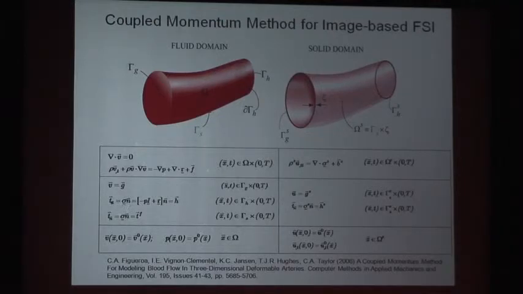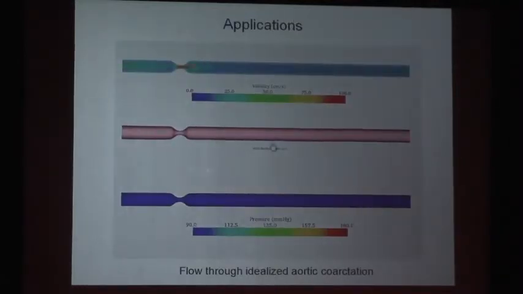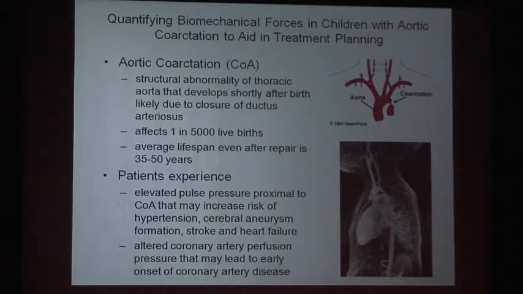And this has a huge advantage because we could solve very large-scale fluid structure problems, albeit subject to these limitations, where we can start to look at the interactions between complex flow, wall dynamics, pressure fields, etc. And that's an idealized aortic coarctation. You can't do this, in my opinion at least, with an ALE method for incompressible flow and slender elastic structures.